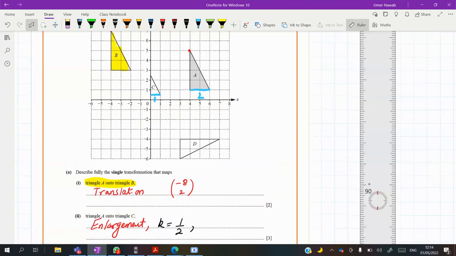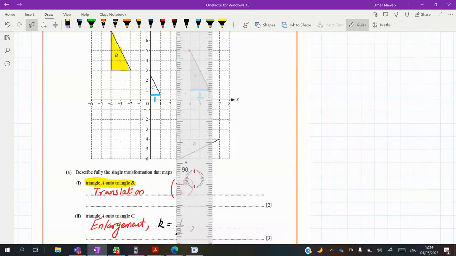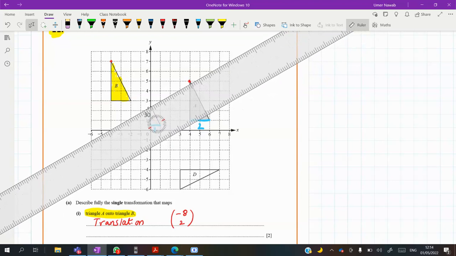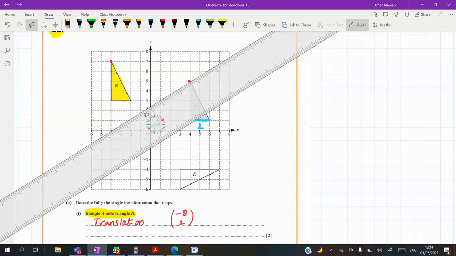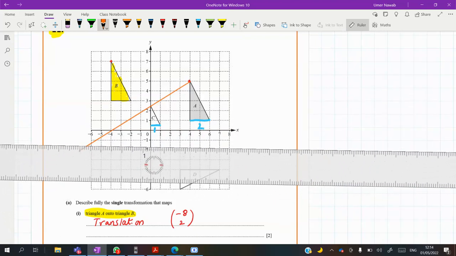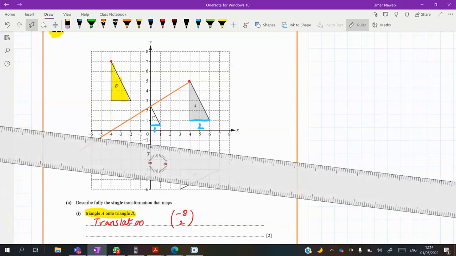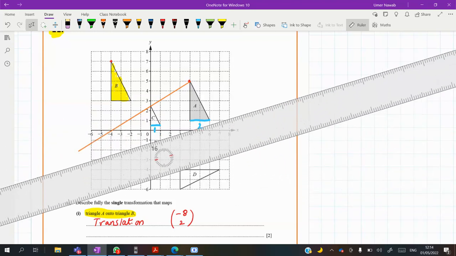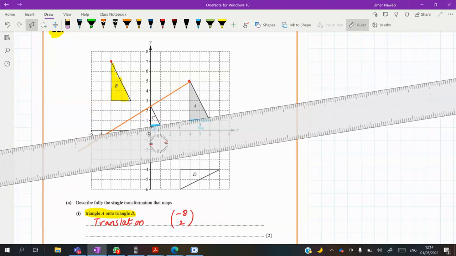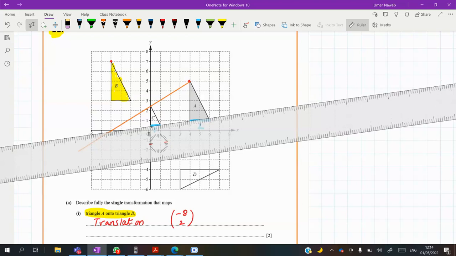Last thing is enlargement center. For this, you need to join the corresponding points by using the ruler, draw the straight line, and see after drawing the line for the other pair of corresponding points where the two lines intersect.